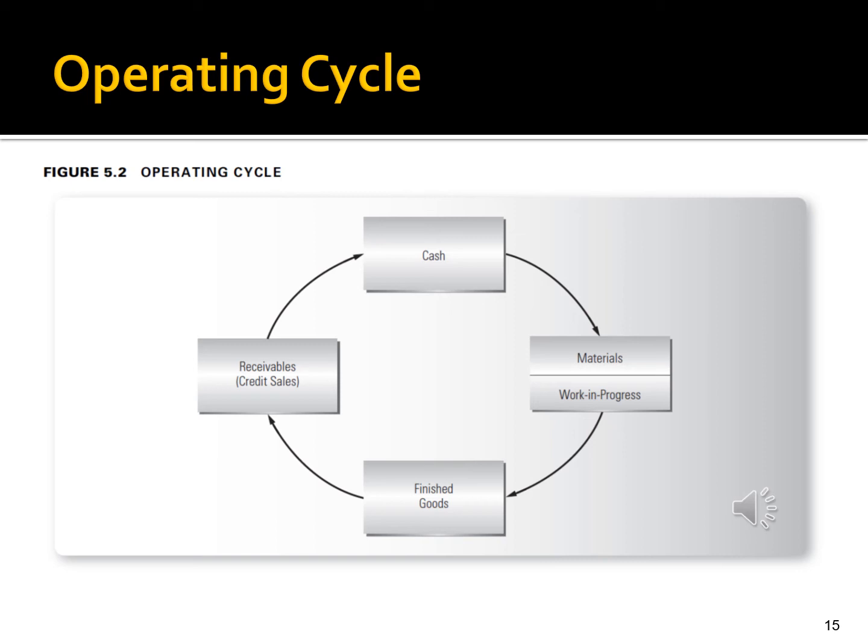After that, they sell the goods to the customer. If they sold the goods on credit, they will generate a receivable. Or if the goods are sold for cash, they will receive cash. The cash will be used to buy materials again, and the cycle repeats.